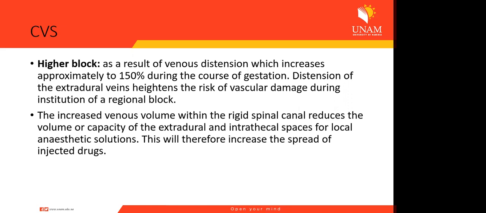Distension of the extradural veins heightens the risk of vascular damage when you are trying to initiate your block. The increased venous volume within the rigid spinal canal reduces the volume or capacity of the extradural and intrathecal spaces for your local anesthetic solution. This also will cause an increase in spread of your injected medications.